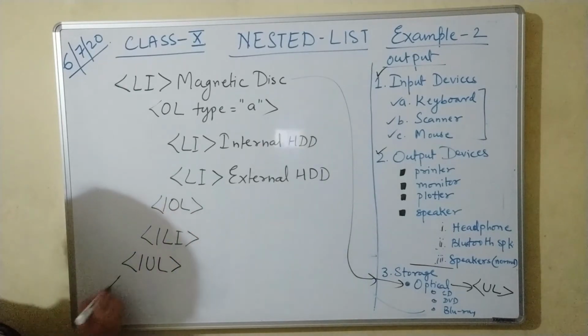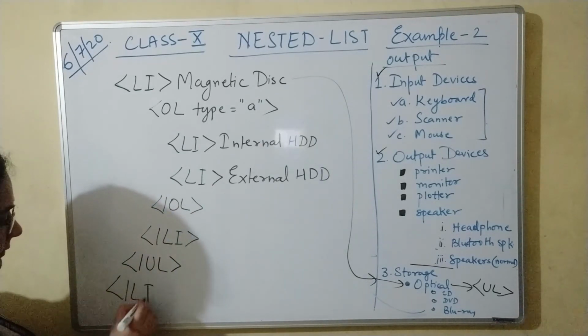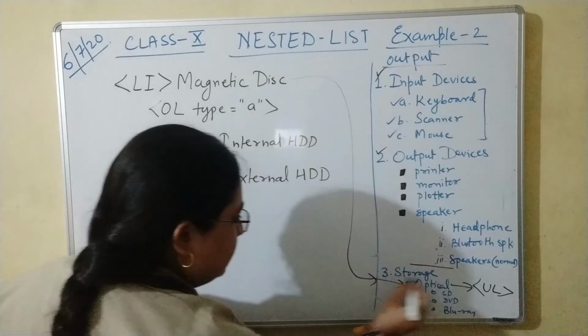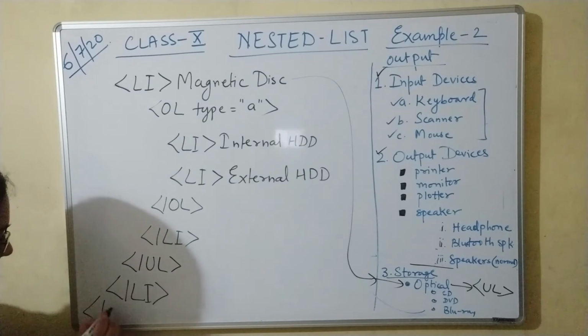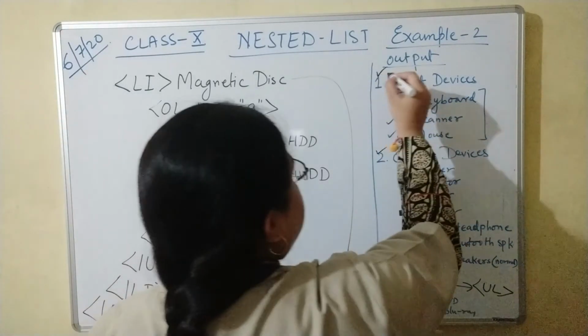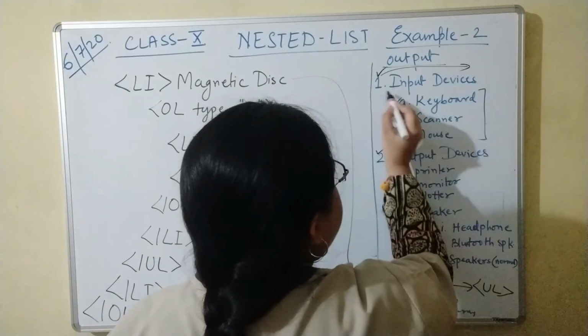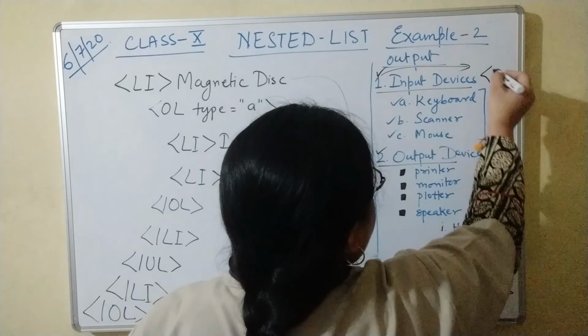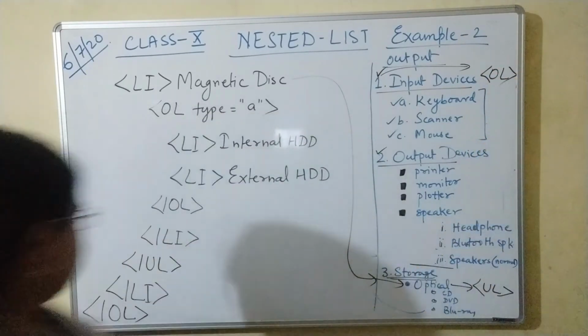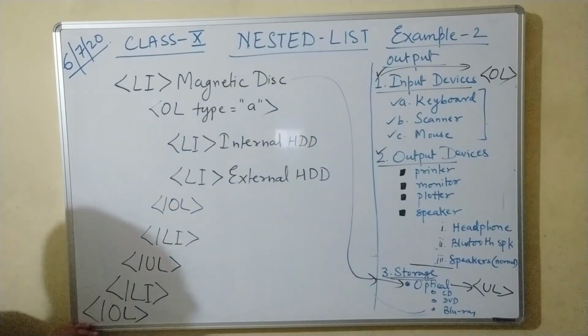Then we will close the LI tag for this outer list item. And finally we will be closing the very outermost OL tag, which refers to these list items 1, 2 and 3. So I have closed that tag over here.